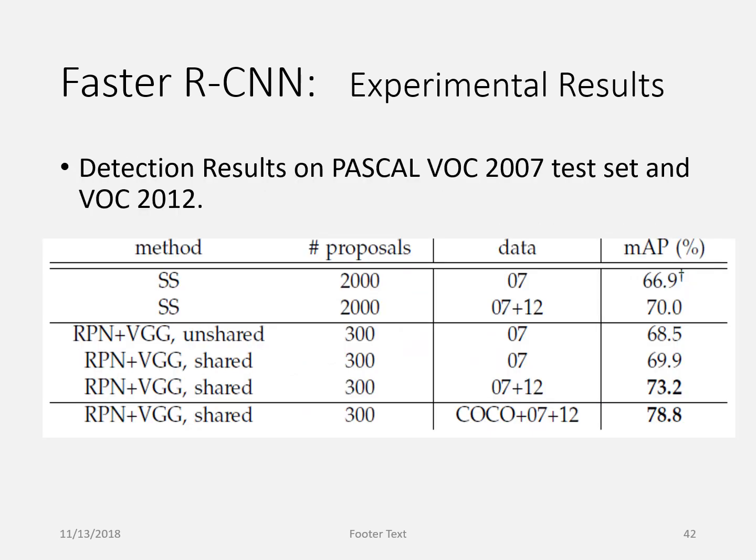Seeing the experimental results here on the Pascal VOC dataset that we have used to evaluate the previous two networks. Here, RPN with VGG network with unshared weights, that is, no weights are shared between the region proposal network RPN and the base convolution network.